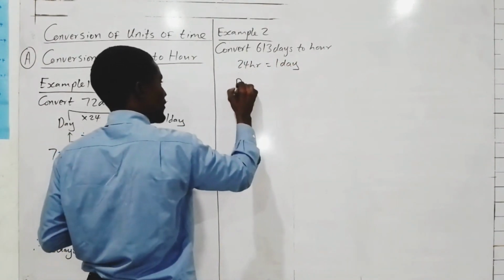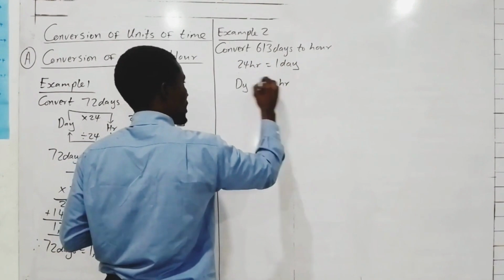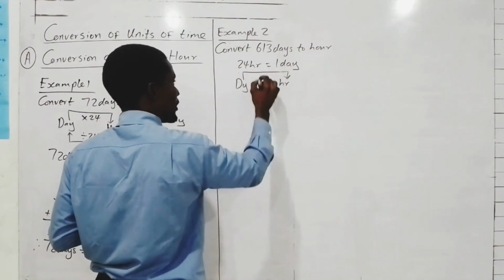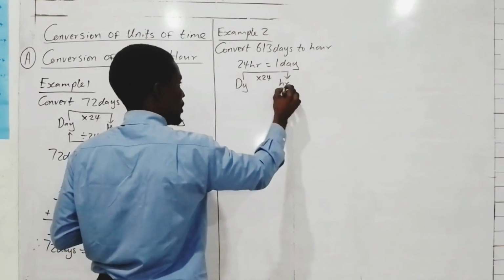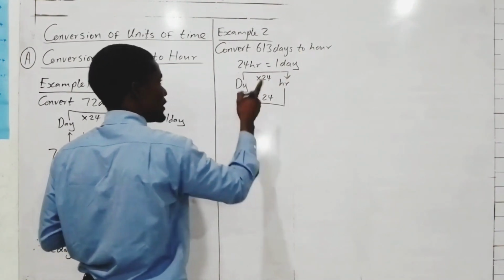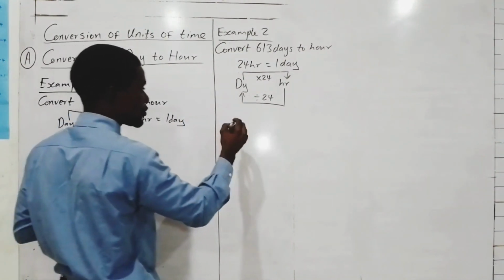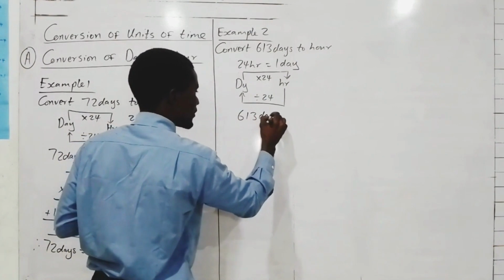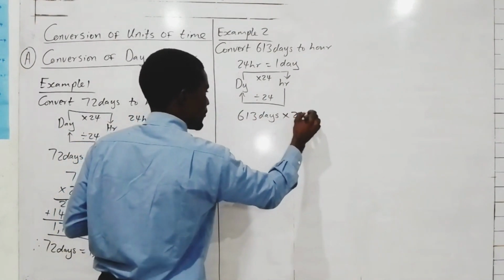That is, we have our day and we have our what? Hour. When converting from day to what? To hour, you multiply by 24. And when you are converting from hour to day, you divide by what? By 24. This time around, we are converting from day to what? To hour.